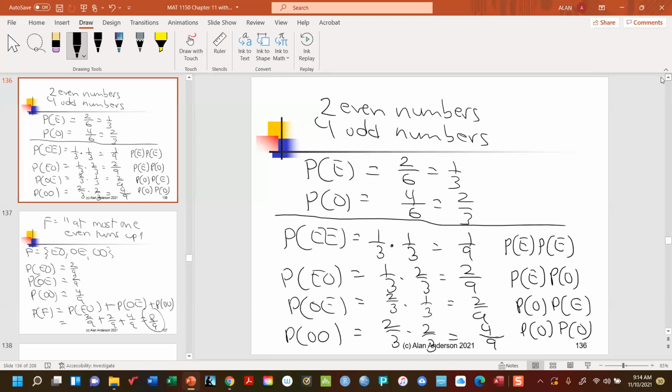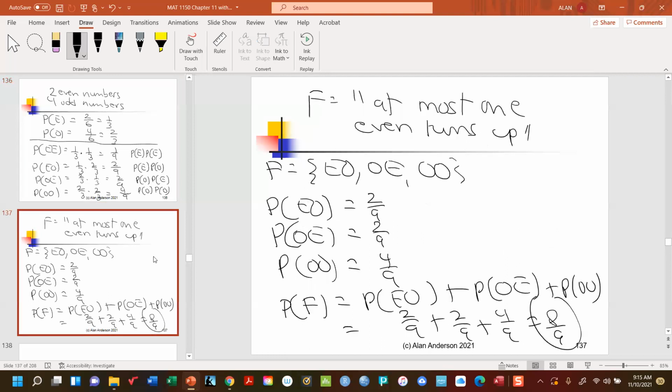All right. So let's go back and revisit the same problem. F is the event that at most 1 even number turns up, or in other words, EO, OE, and OO.